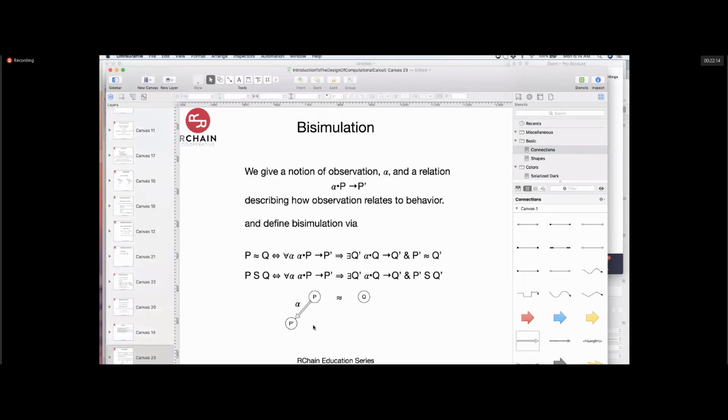Then we can find a Q prime such that if I observe Q via alpha, I get to Q prime, and the subsequent states I get to are also bisimilar.